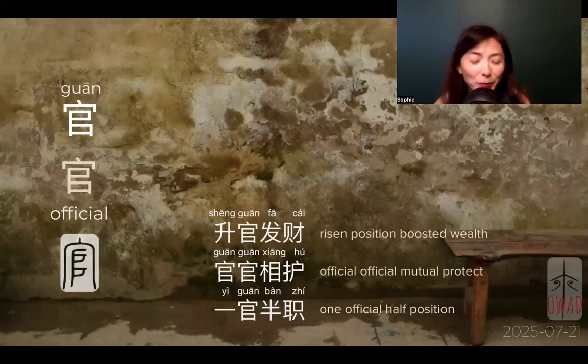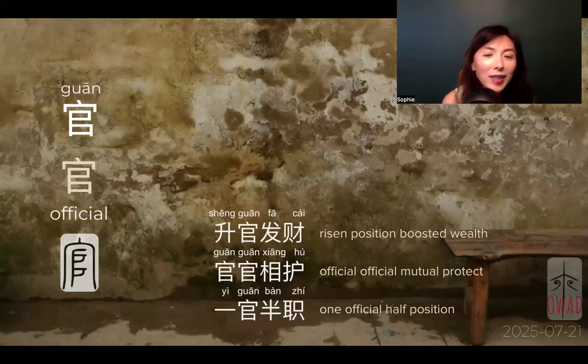I use "boost," probably not a good translation, but 发 means a trigger. So it means an instant release of wealth, almost like a lottery win, a sudden, huge volume of wealth. So 升官发财 are these two well-wishing directions. You either rise in your rank or you accumulate a lot of wealth all of a sudden.